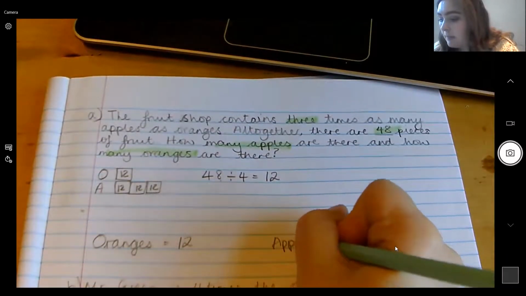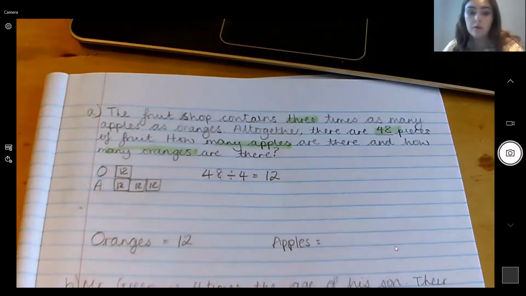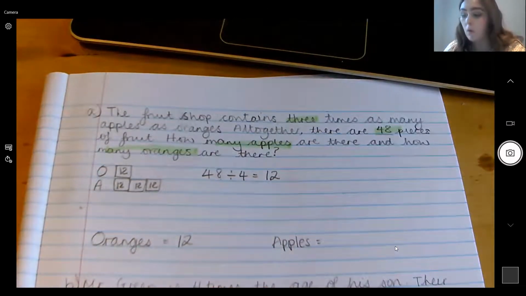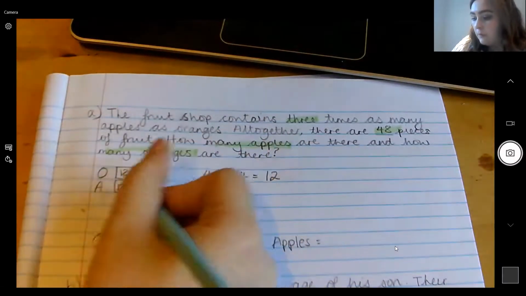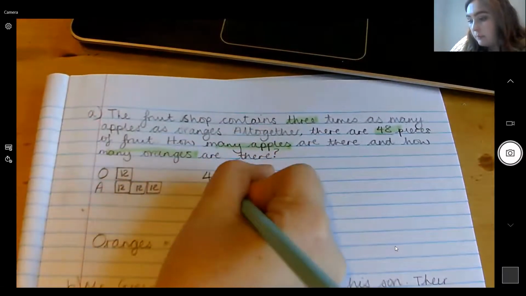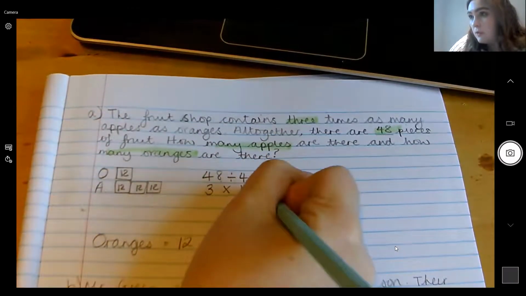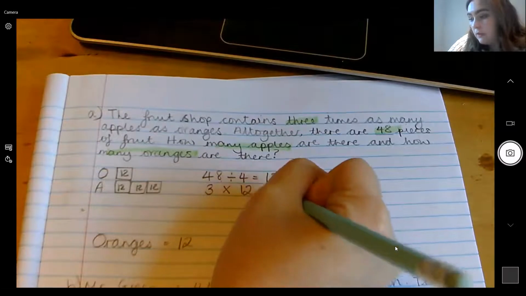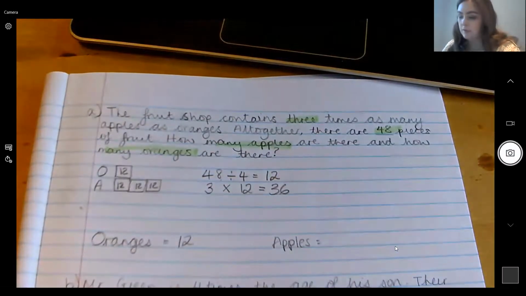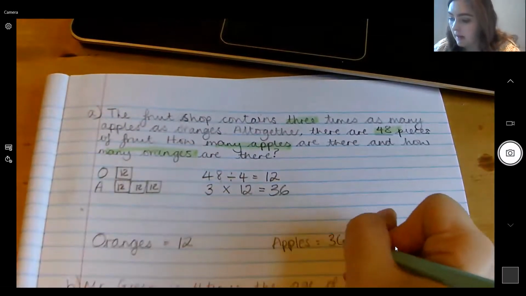So to work out how many apples we have, we can either use repeated addition or we can use multiplication. So we know that we've got 3 lots of apples, and in each lot we've got 12. So 3 times 12 equals 36. So we've got 36 apples.